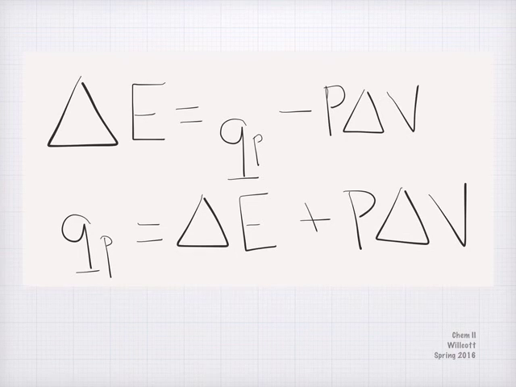So what I'm going to do now is simply substitute in our equation for work. So where before we had plus W, we now have minus P times delta V. And then I rearrange the equation so that we have that measure of heat as equal to energy plus work.